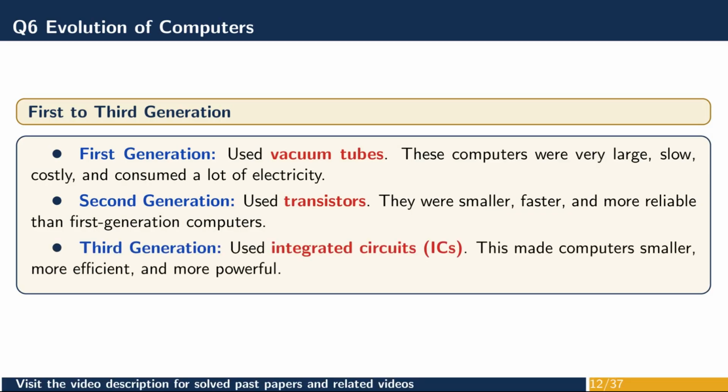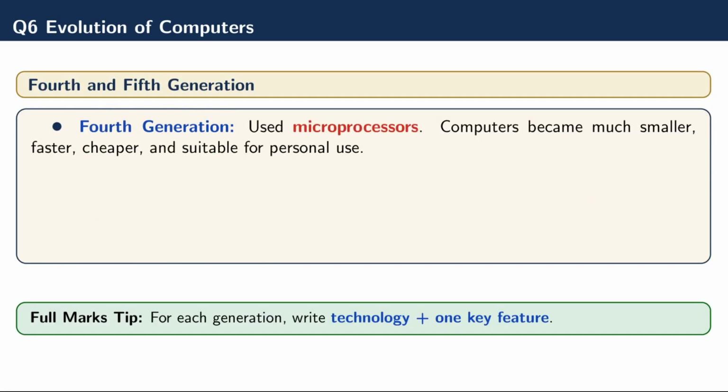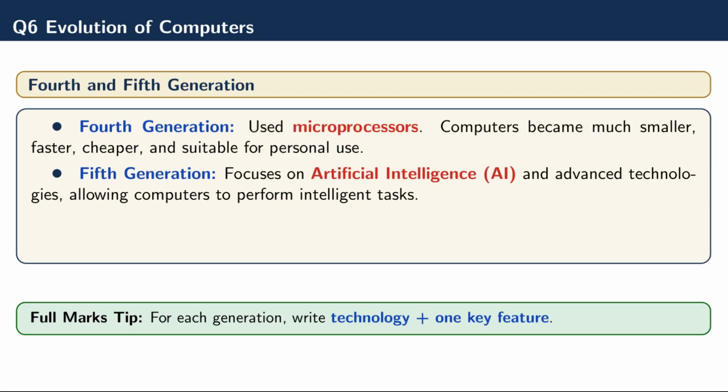Third generation used integrated circuits, ICs, that made computers smaller, more efficient, and more powerful. Fourth generation used microprocessors. Computers became much smaller, faster, cheaper, and suitable for personal use. Fifth generation focuses on artificial intelligence (AI) and advanced technologies allowing computers to perform intelligent tasks.